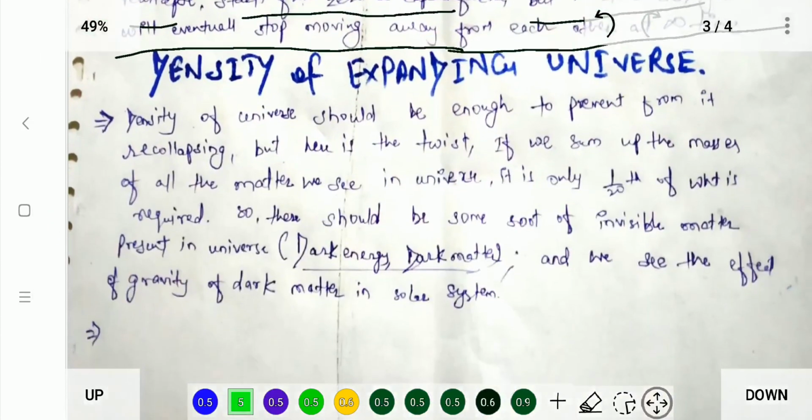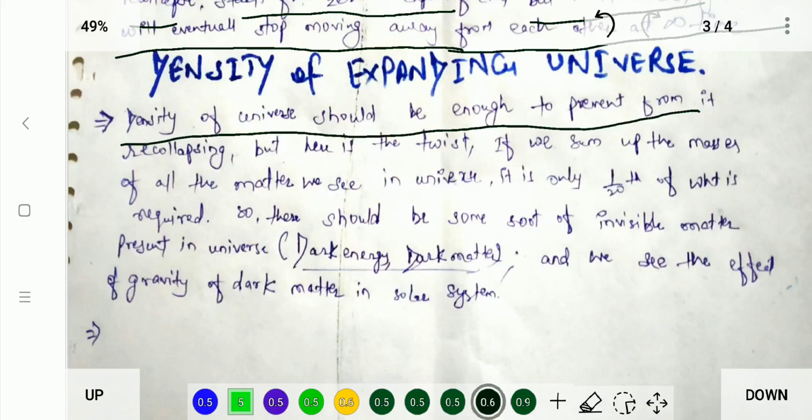Density of the expanding universe. This is a very good topic. The density of the universe should be enough to prevent it from recollapsing. Basically, density, meaning mass, depends on gravity, so mass should be enough to just prevent the gravity from recollapsing everything. It means everything should not collide.